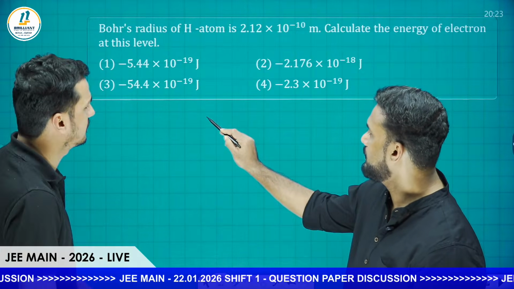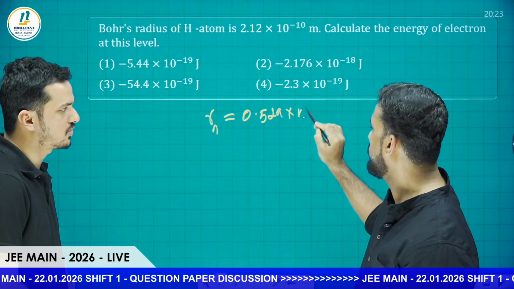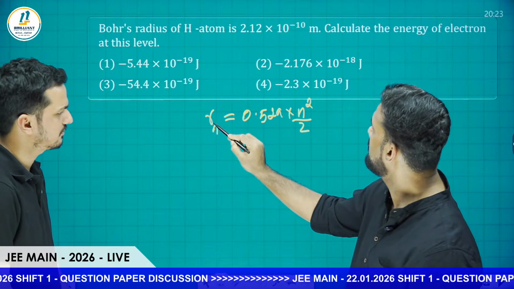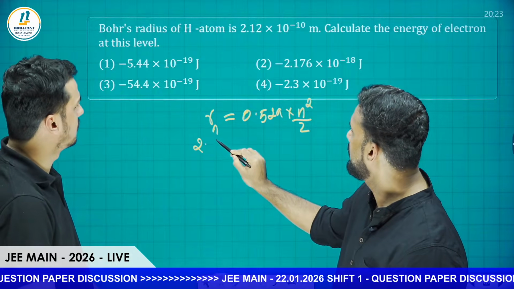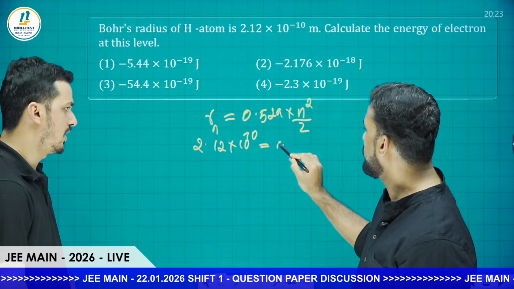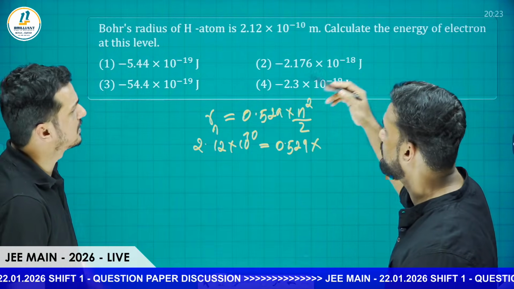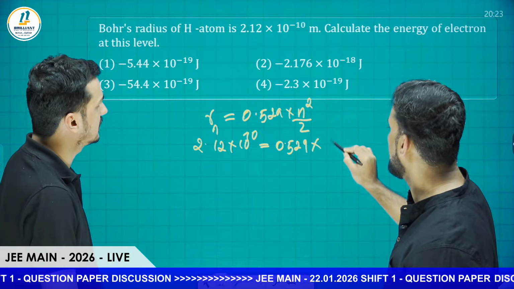Here the radius equation is Rn equals 0.529 into n square by Z. Rn is given as 2.12 into 10 raised to minus 10, so we have to find n square.